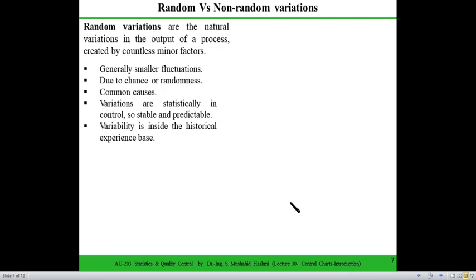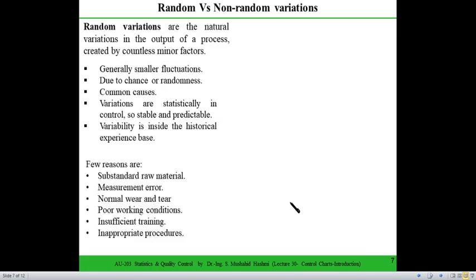So there is no special cause associated. A common cause is present, and these variations are statistically in control. It means they are stable and predictable, and this variability is based upon the historical data that is available. The ability to predict the process variations depends very much upon historical experience. These are called random variations or common cause variations.